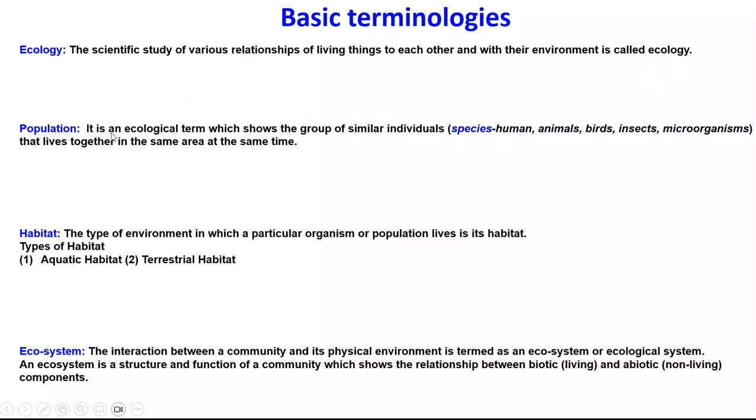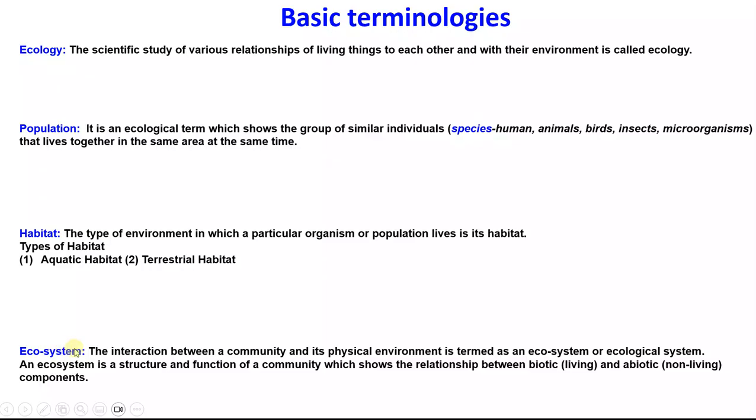Then population is an ecological term which shows a group of similar individuals, species like humans, animals, birds, insects, microorganisms that live together in the same area at the same time. Then we have habitat, the type of environment in which a particular organism or population lives. Types of habitats are aquatic and terrestrial habitat.